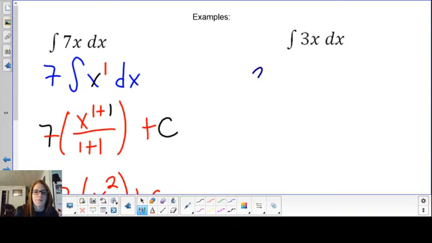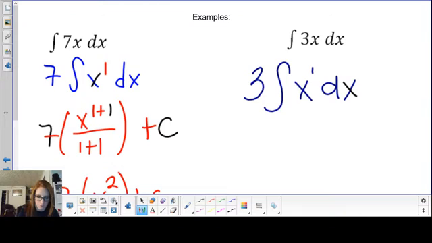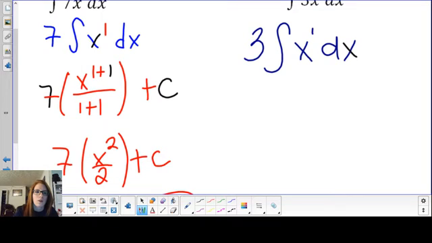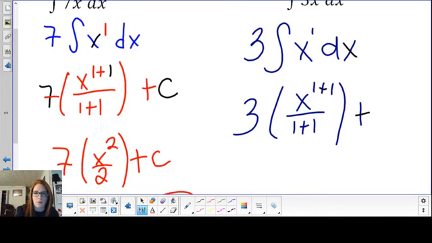Again, I'm going to go ahead and take out that 3. You can take the integration of x to the first dx. So I have 3 times x to the 1 plus 1 over 1 plus 1 plus c.